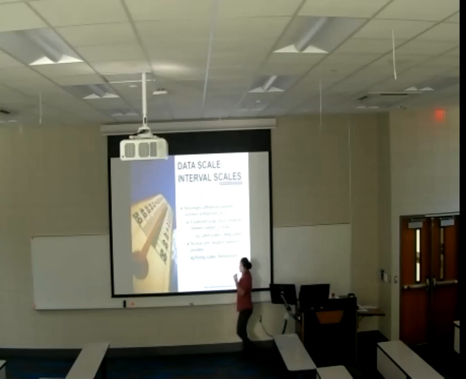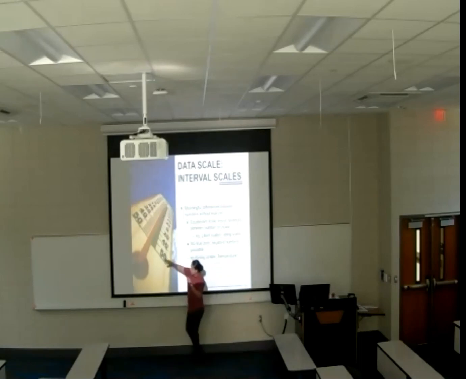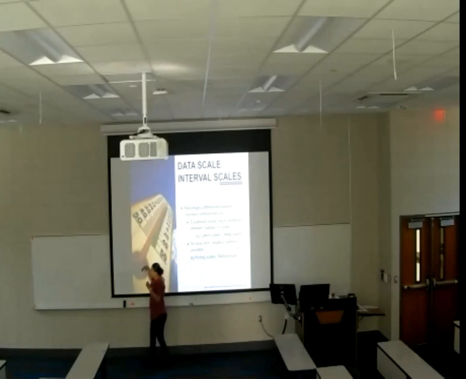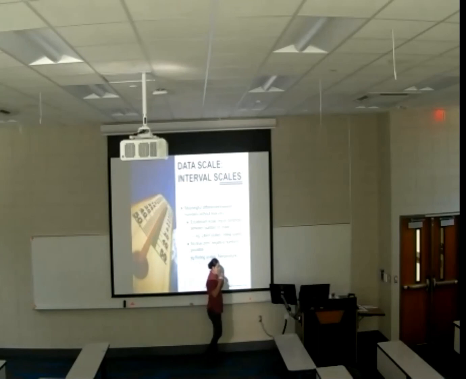For example, the difference between 40 and 50 will be the same as the distance between, let's say, 30 and 40, and so on. So we do know that there is equidistance in that scale.